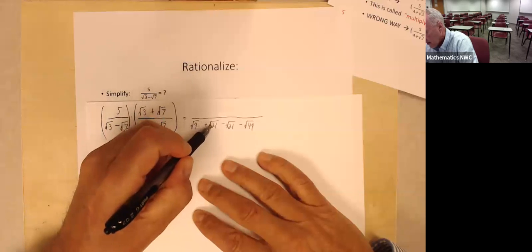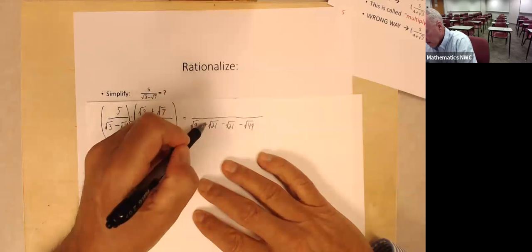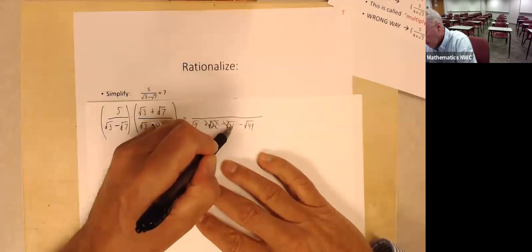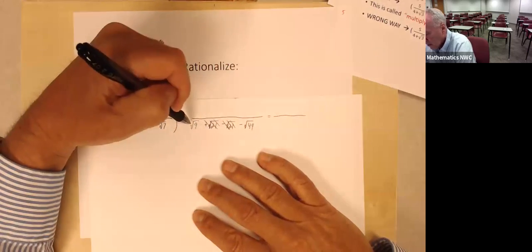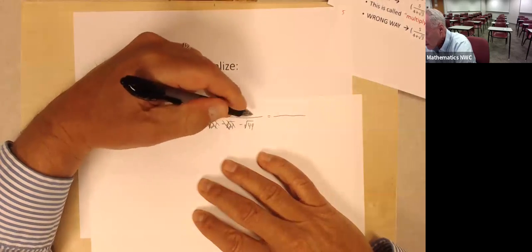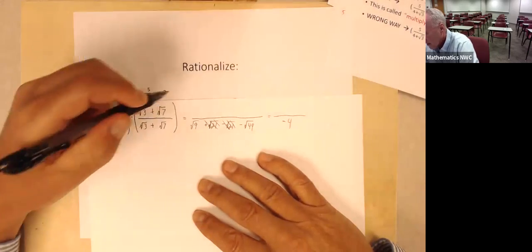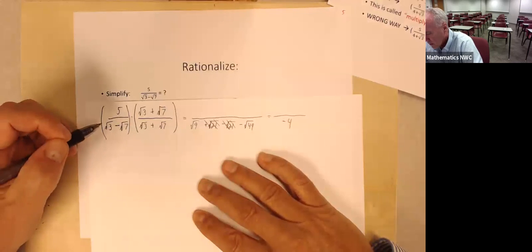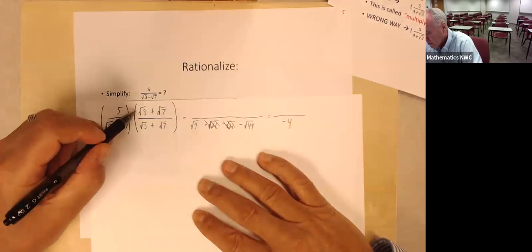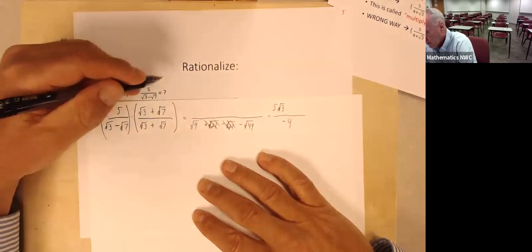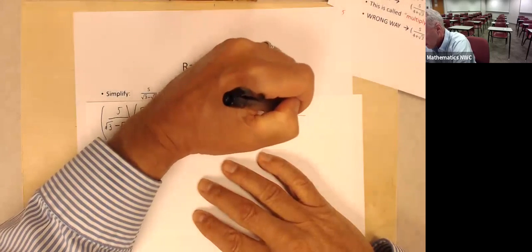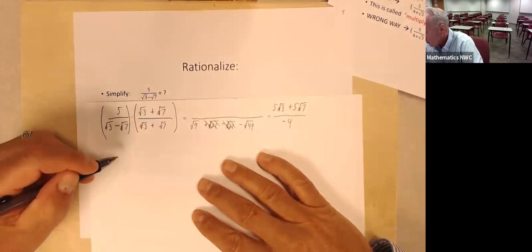Notice this plus radical 21 and minus radical 21 cancel out. And you're going to be left with 3 minus 7, which is a negative 4, no longer a radical. The numerator is 5 times radical 3, 5 times radical 7. And that is considered to be reduced down.